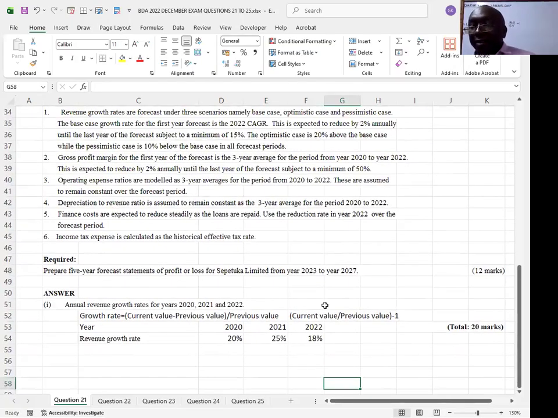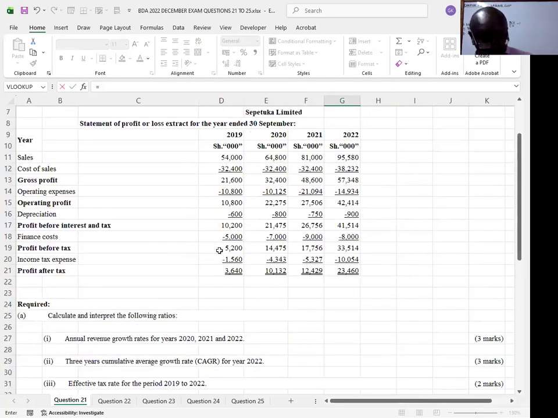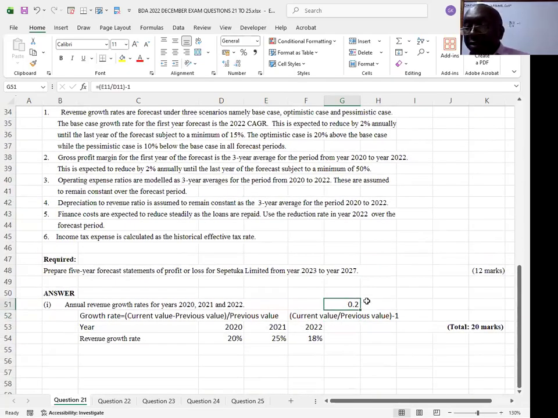Like now I can try here. Let me take this, I say equals, open brackets, take 2020. I divide by this one. I close the brackets and I say minus 1. I should get the same answer. Can you see that?